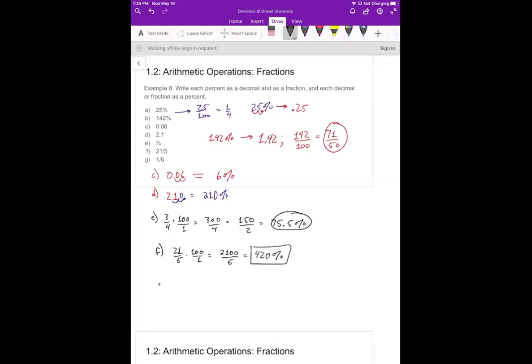All right, and last but not least, part G, if I do 1 over 6 times 100, I get 100 over 6. And this probably does not work out cleanly, but let's just check.